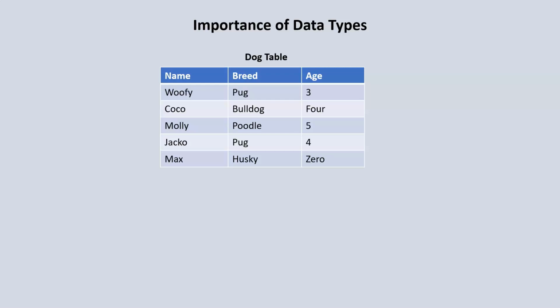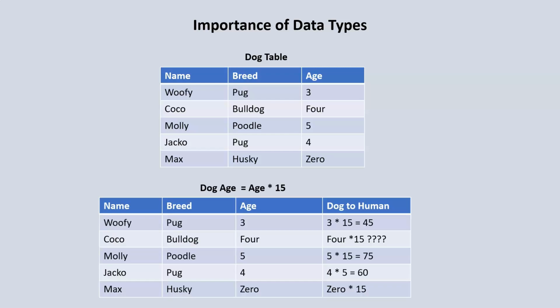And then we have Molly, the poodle, as age 5, we have Jacko as age 4, and we have Max as age 0, again spelled out. So what we're witnessing in the age column is that we have some of the ages as integers, and then we have Coco and Max in characters.